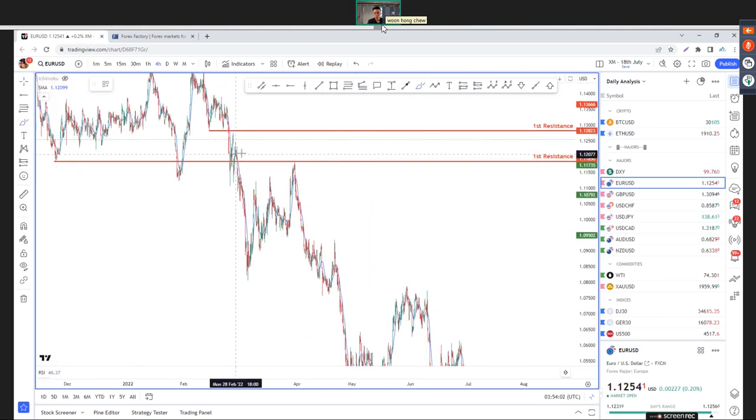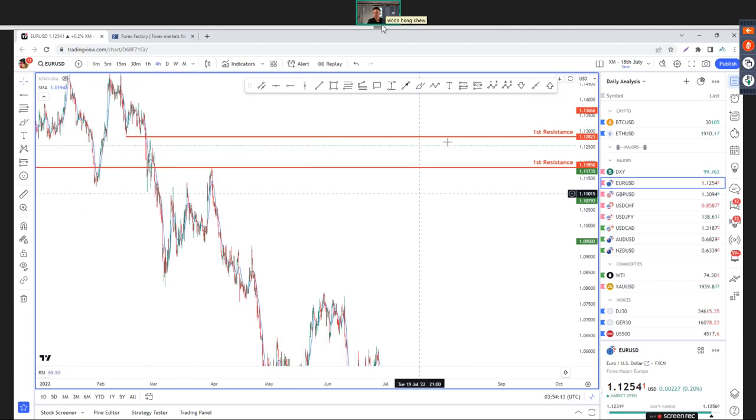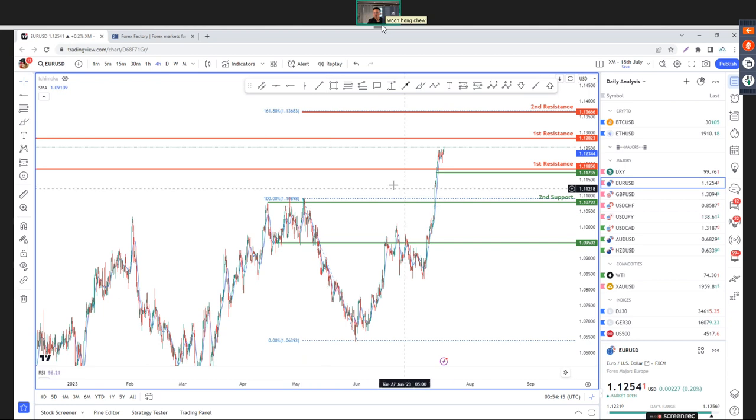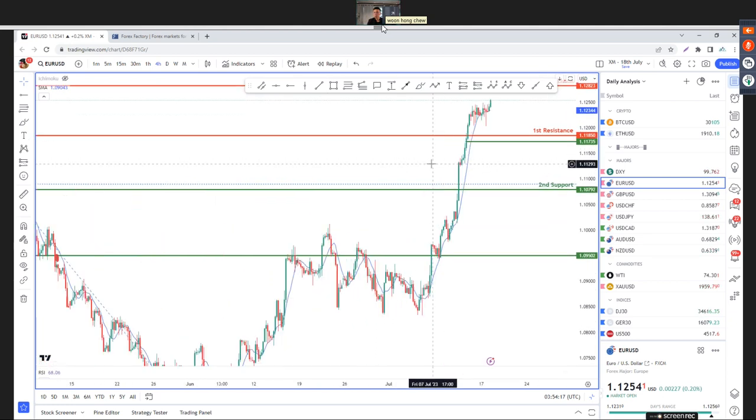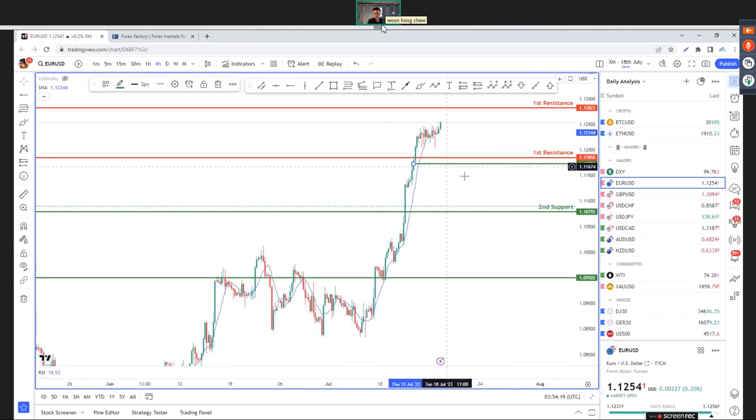Because we can see that previous price was a support, it broke through, came back up, and tested as a resistance. So if you are looking at this from previously, we can say that this was a resistance.